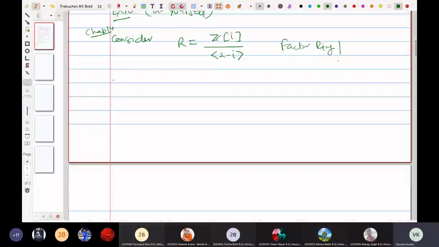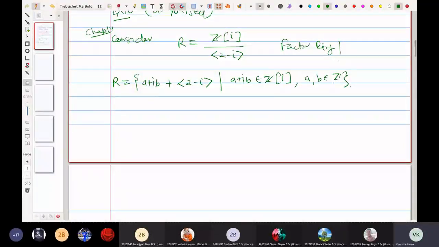The definition says that here the elements will be of the form: you take this 2 minus i, and then take elements from Z[i], so there will be elements like a plus ib, such that a plus ib belongs to Z[i], and a and b should be integers.